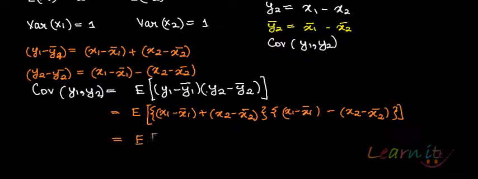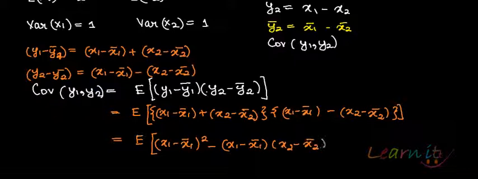So just multiply this, and what you will get is (x1 minus x1 bar) square, not plus, it'll be minus (x1 minus x1 bar) into (x2 minus x2 bar), plus, multiplying this and this, (x1 minus x1 bar) into (x2 minus x2 bar), minus (x2 minus x2 bar) square.